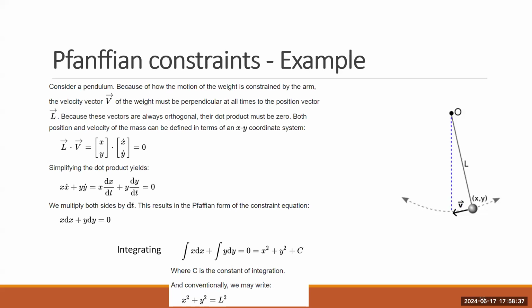Say our car, we cannot park our car sideways. So if I want to park my car, I have to do some kind of a maneuver in order to get sideways. This is a non-holonomic constraint because the constraint is that the velocity has to be along the wheels. This Pfaffian constraint is still a constraint on the velocity, but is much easier to work with than the non-holonomic constraint.